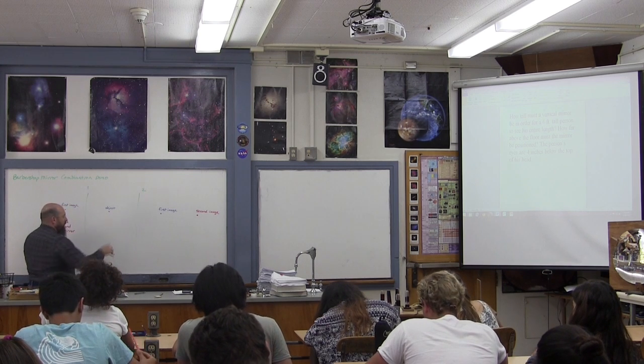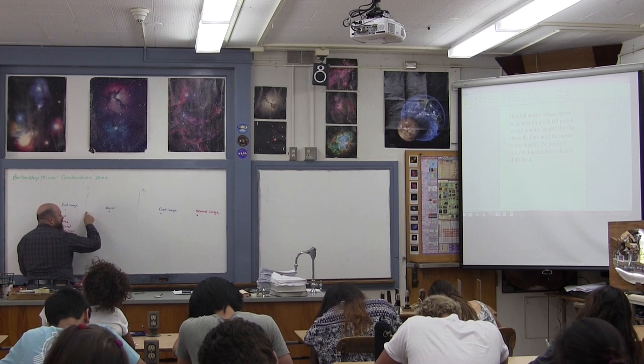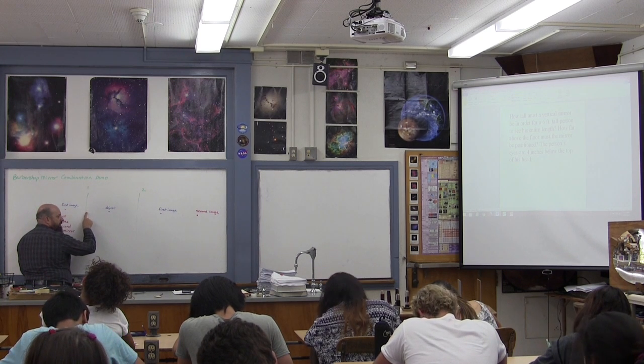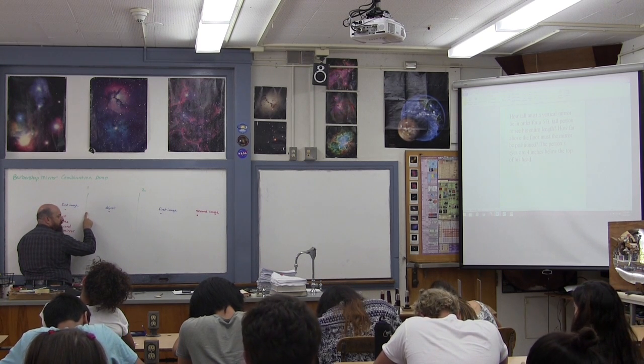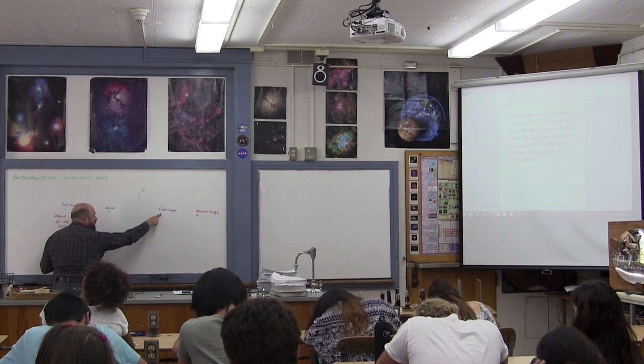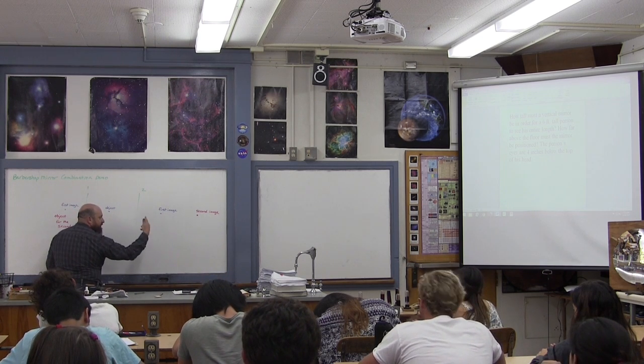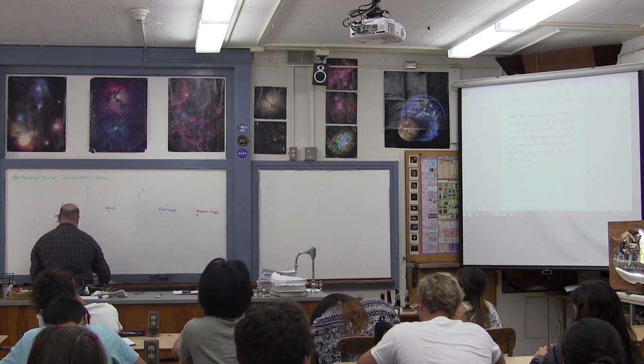But when the light coming from the object reflects off this mirror, it then strikes this mirror over here. Where does that light look like it's coming from? It looks like it's coming from here. So the image in the first mirror, once again, becomes the object for the second mirror.